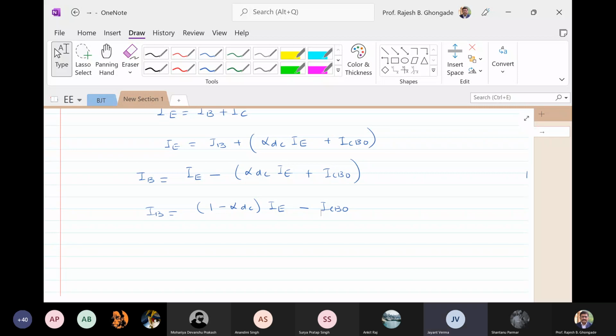सर दो डाउट है। फर्स्ट डाउट ये कि ICBO को कब नेग्लेक्ट करना है और कब कंसिडर करना है, ये कैसे पता चलेगा? हाँ, तो बेसिकली ICBO क्या होता है? It's a reverse saturation current, right? Which is very, very small, to the tune of picoamperes, microamperes, and so on and so forth.